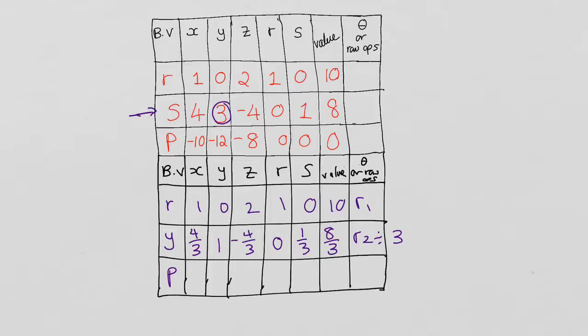So my third row is going to be row 3 plus 12 lots of row 2. So minus 12 plus 12 lots of 1 does take me to 0. I've got minus 10 here, and I'm adding on 12 lots of 4/3. That takes me to a 6.